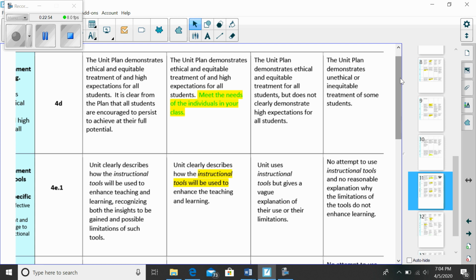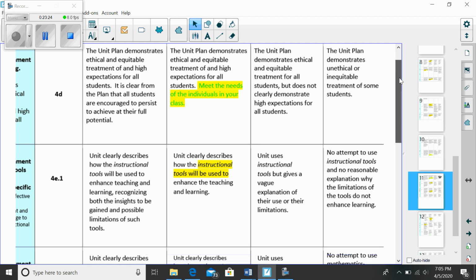When you're not just meeting the needs of the lower students, but you're also addressing the higher students, then you're meeting the needs of the individuals in your class. That's how I would argue that you are showing me fair and equitable treatment, right? Because you're meeting everyone at their ability level, and you have high expectations for all if you're challenging even your highest and strongest learners.